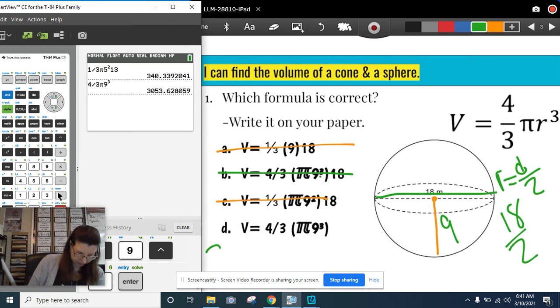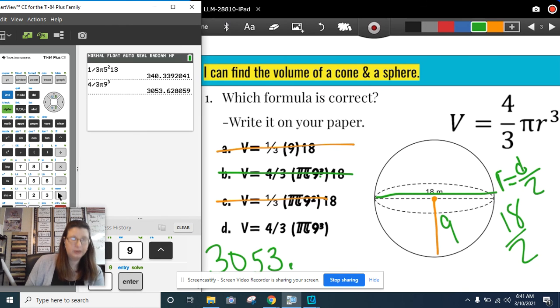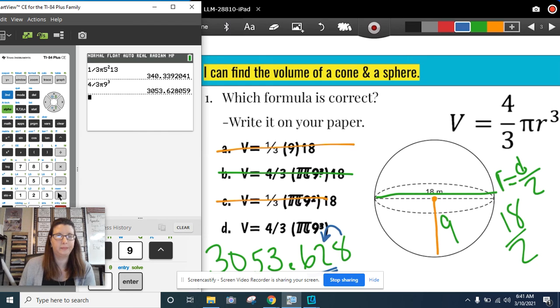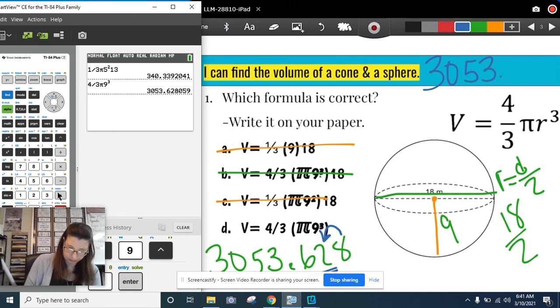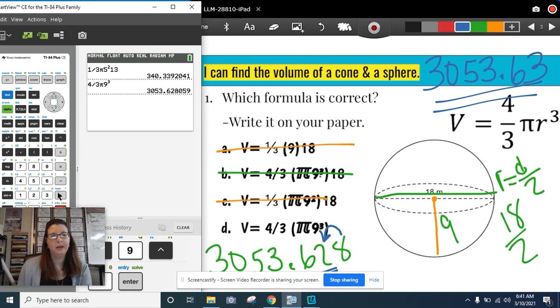My answer is 3053.628. Now, I want to stop at the hundredths, so I look. Do I need to round up? Yes, I do. So it's going to actually be 3053.63 because 1 up from 62 is 63. I hope this helps.